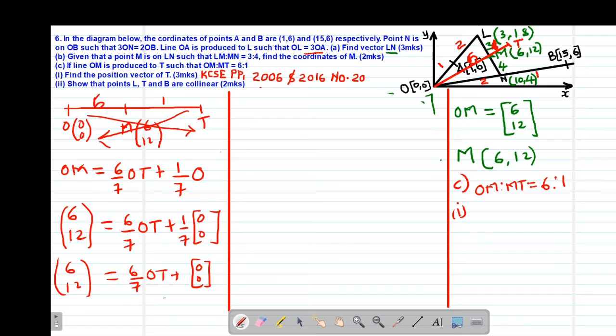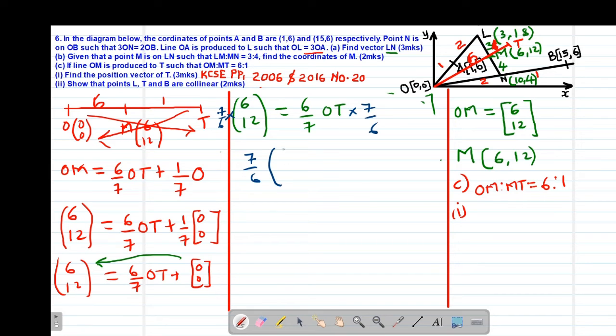If I take this to the other side, I'll just remain with 6, 12 being equal to 6 over 7 OT. So if I want to get the value of T, I'll multiply both sides by the reciprocal of 6 over 7, which is 7 over 6. So 7 over 6 into 6, 12 should be equal to the vector OT, because 6 and 6 will cancel out, also 7 and 7.